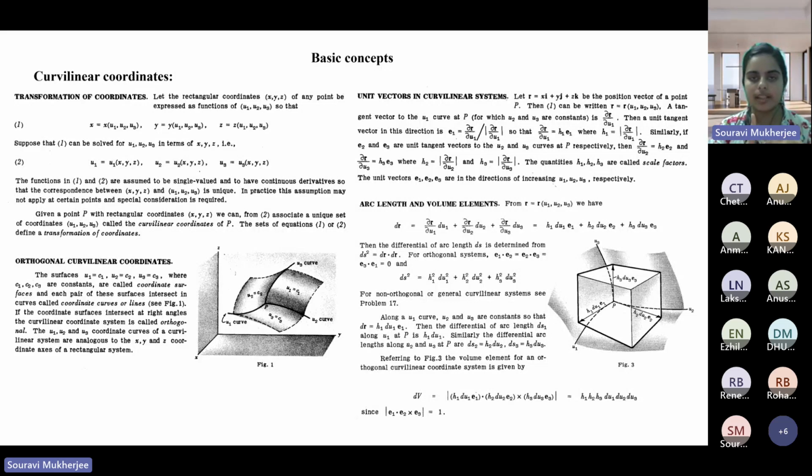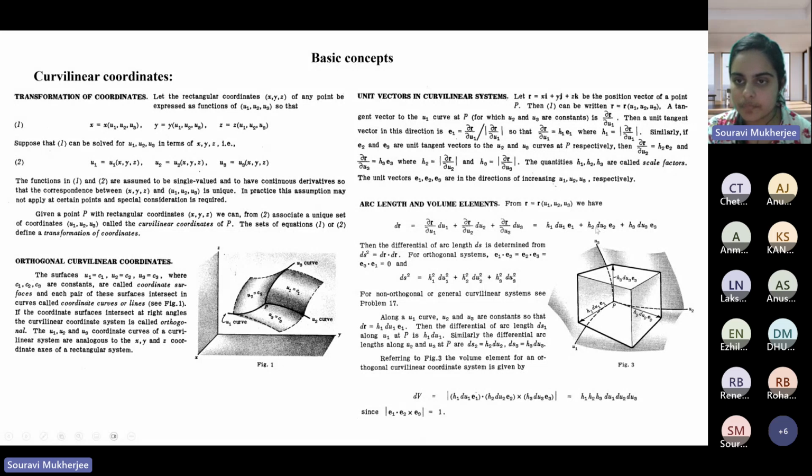Suppose you are in the xy plane, you write dx dy as your area in the xy plane, and the direction of your area element will be along z. Similarly, if you are in the xz plane, the direction of your area vector will be along y, and if you are in the yz plane, it will be along x. So how are you getting that? You are doing a cross product kind of thing, so you have to do a cross product between these terms.